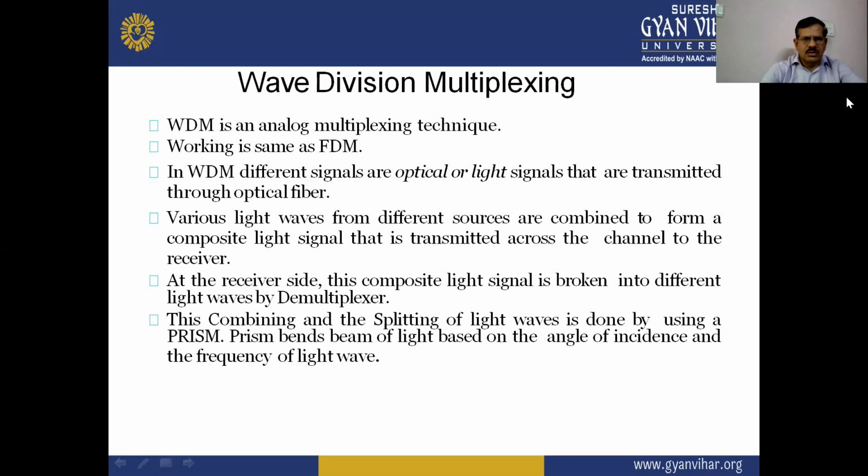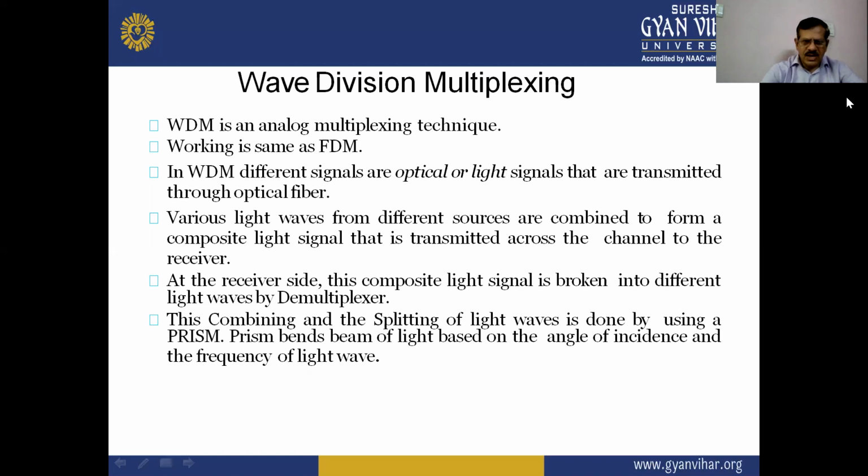So various light waves from different sources are combined to form a composite light signal that is transmitted across the channel to the receivers. At the receiver side, this light signal is broken into different light waves by demultiplexer techniques.